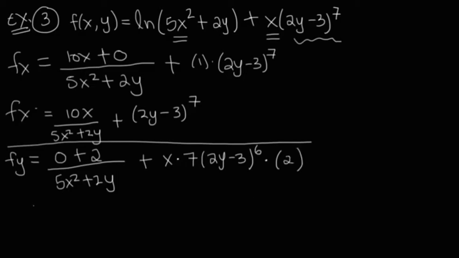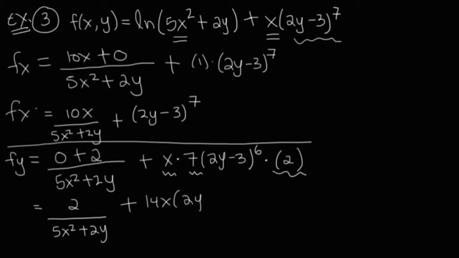Okay, now this does require a lot of simplification. So I'm going to do 2 over 5x squared plus 2y. There's not much there. Plus, the x, the 7, and the 2 can all combine to 14x. It just looks nicer to be on the front. And then you've got the 2y minus 3 to the 6. And that's it. There's the partial derivative with respect to y.